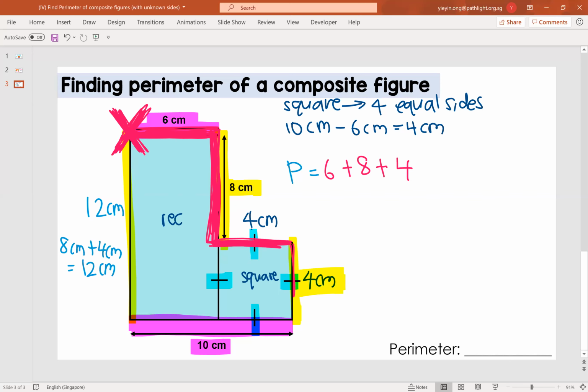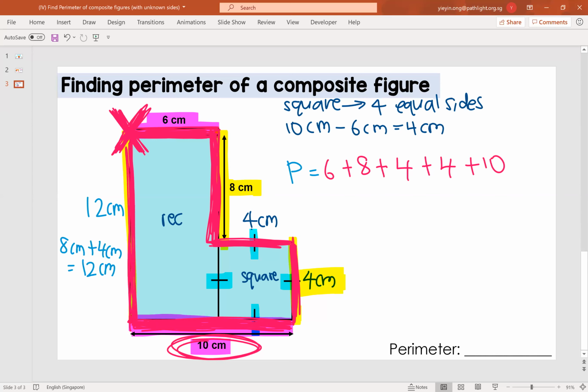Walking downwards along the side of the square again by 4 centimeter, so plus 4. And walking across the bottom, which is 10 centimeter, so you plus 10. And then upwards back to the starting point, and I will have walked another 12 centimeter.